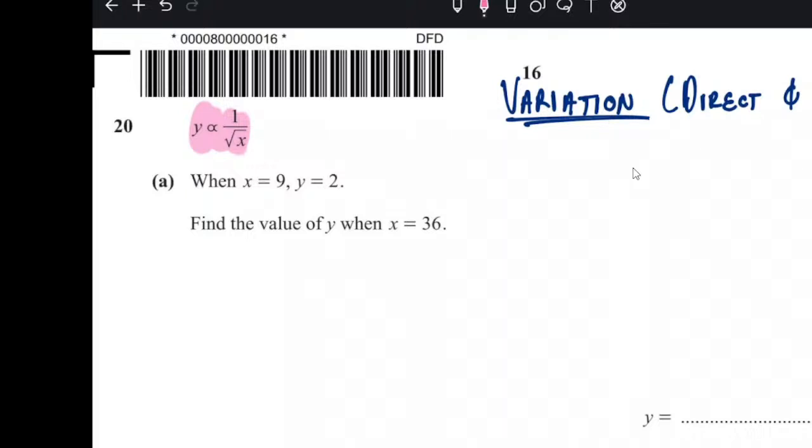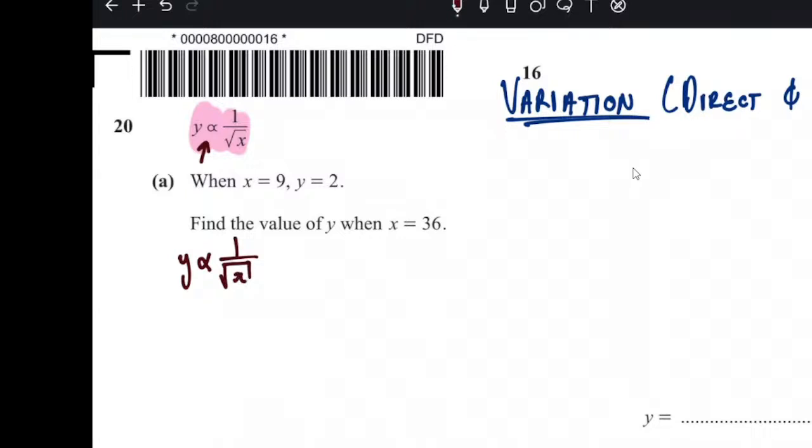So listen here. If I have a fish, what's the next step? You gotta remove the fish, right? Is it not? You have to remove the fish and put an equal sign, right? So you'd say, Y is proportional to 1 over root X. Follow the steps.